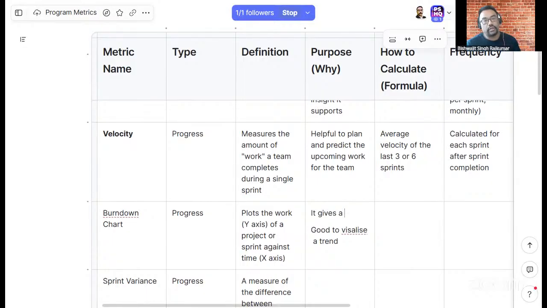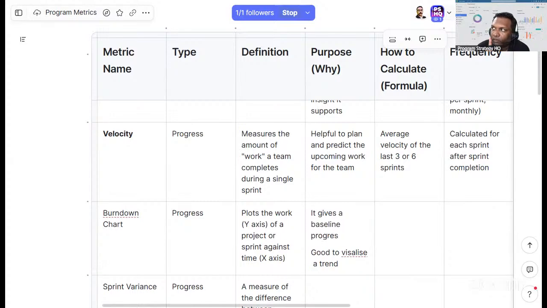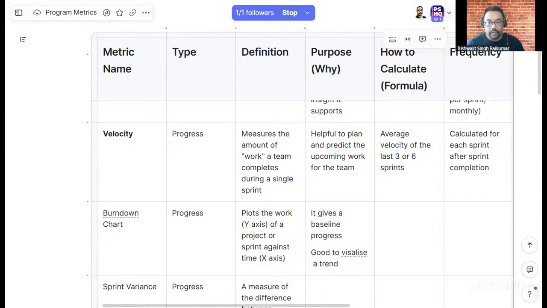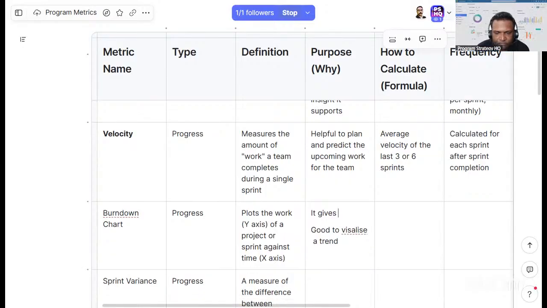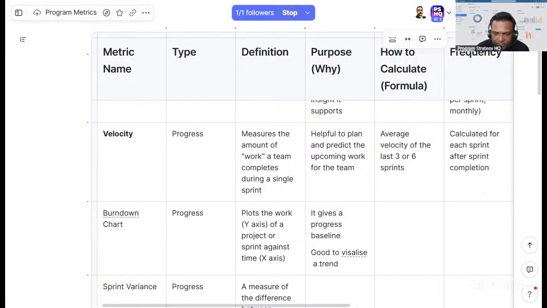So we try to stay close to the guideline. It gives a progress baseline. An ideal progress baseline, the happy path.